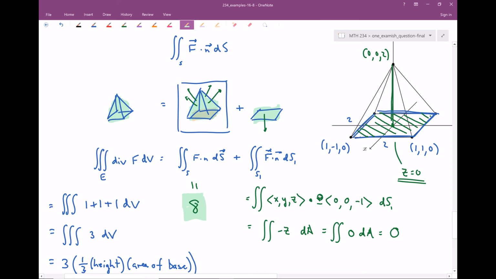Now, just as an FYI, I would argue that this would potentially not make a great quiz or exam question just because of this 0 right here. I don't like that this is 0. Then if someone used the divergence theorem, they would get the same answer. They would get out 8. They wouldn't realize that there's this extra complication, right? That you're technically adding in a surface and then taking away a surface.